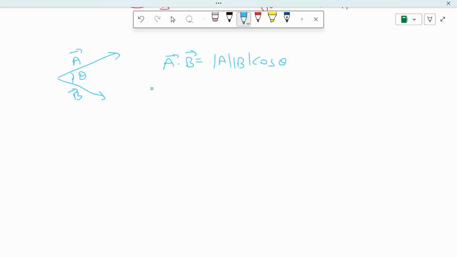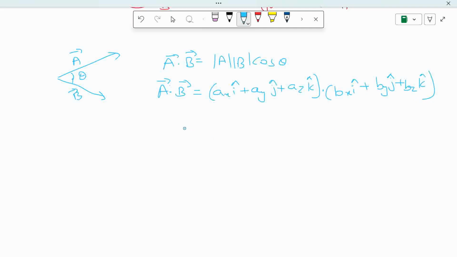Or else, if the two vectors are given to us in terms of i cap, j cap, k cap components, we end up having the dot product.